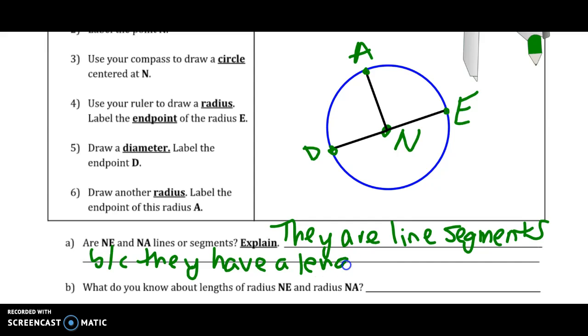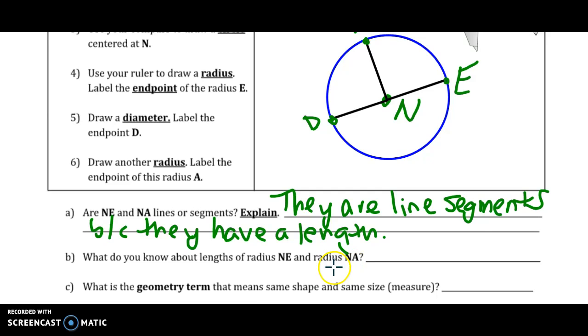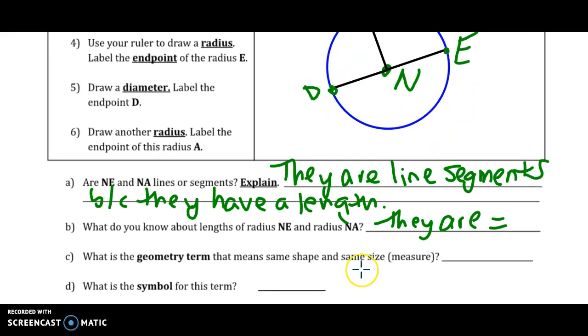Remember, lines are infinite, so they do not have a length. What do we know about the lengths of radius NE and NA? They are equal. And the geometry term that means same shape and same size or equal in measure is called congruent.